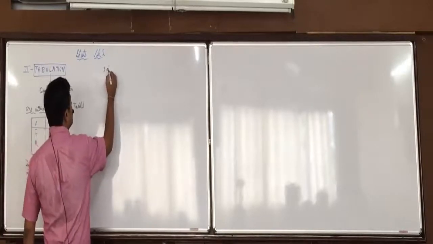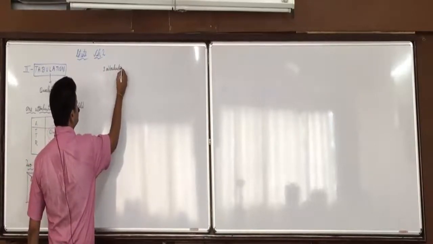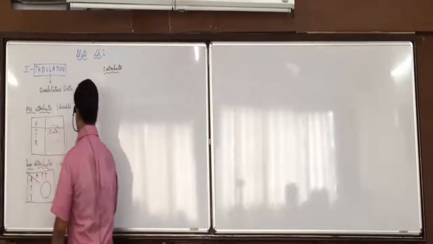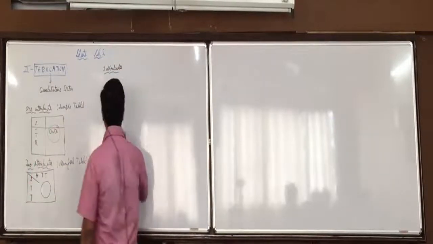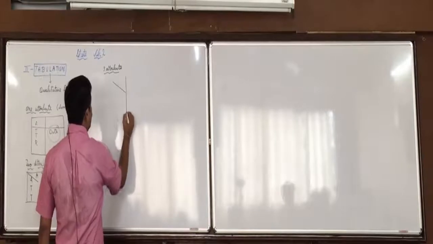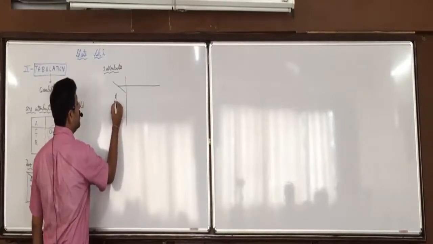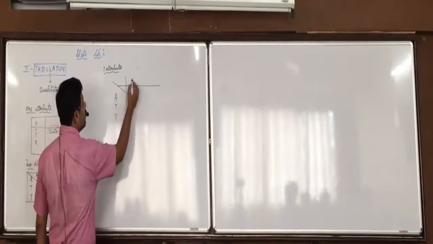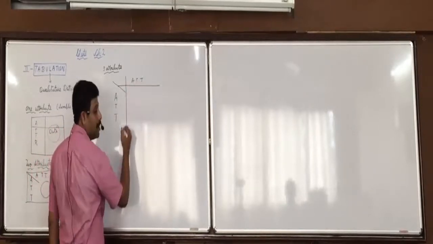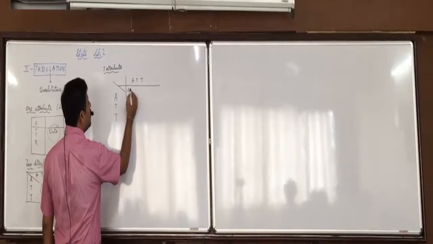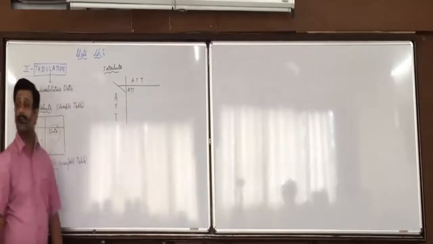Maximum you will have questions with 3 attributes. That is also a manifold table. When there are 3 attributes, one attribute will come in rows, one attribute will come in columns, and the third attribute will come in sub-columns.